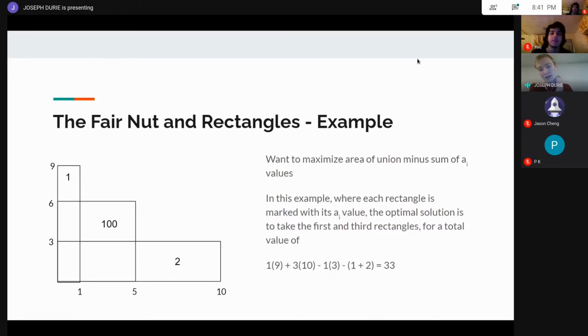If you have any observations for this problem, go ahead, because there's a couple steps before we get to the DP even.